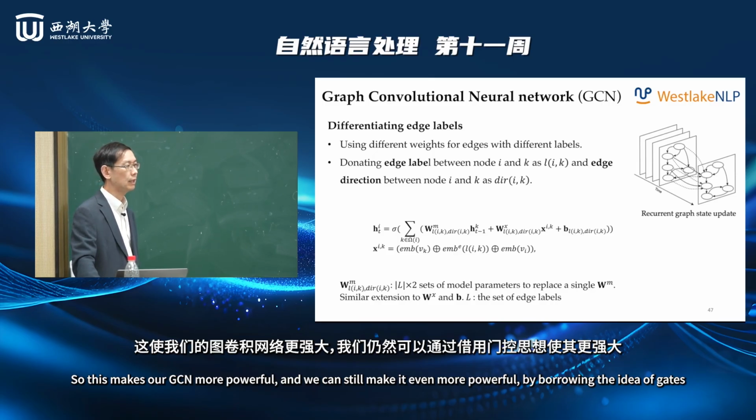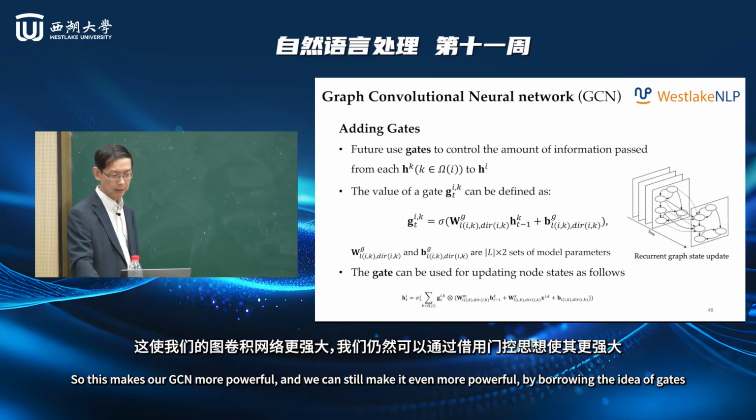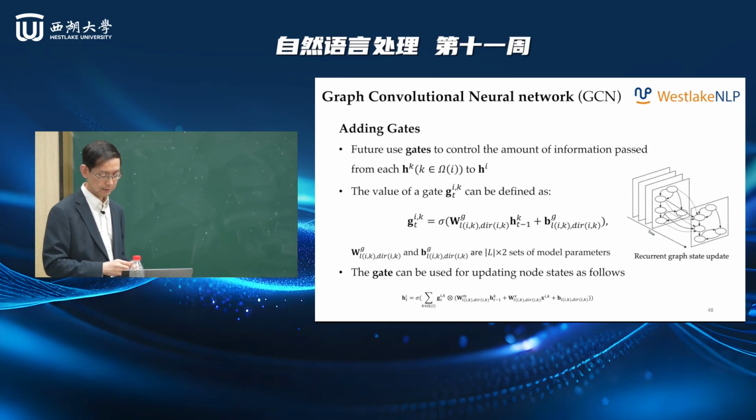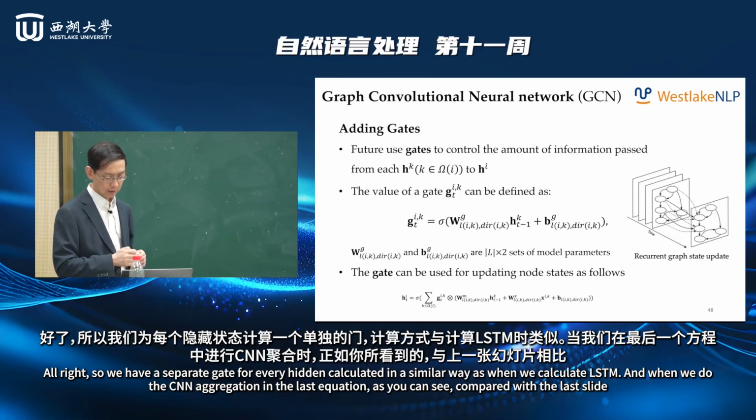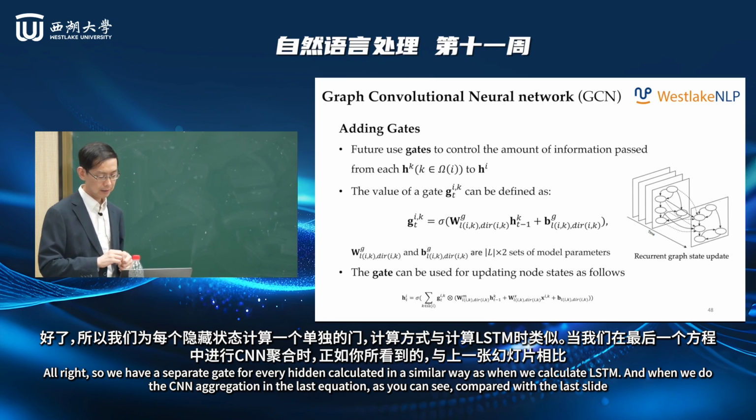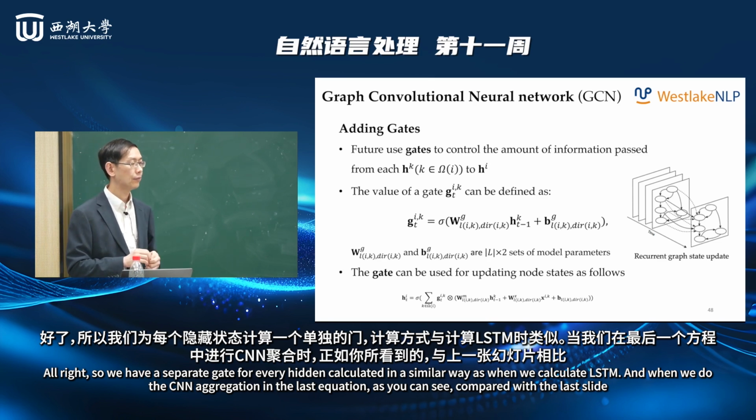And we can still make it even more powerful, okay, by borrowing the idea of gates. We have a separate gate for every hidden, calculated in a similar way as when we calculate LSTM.